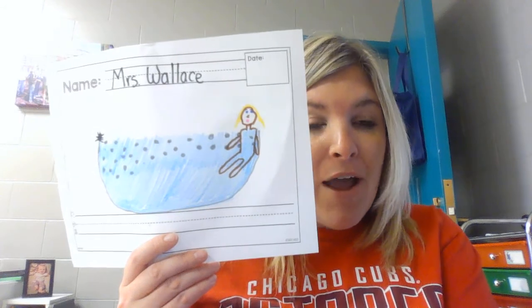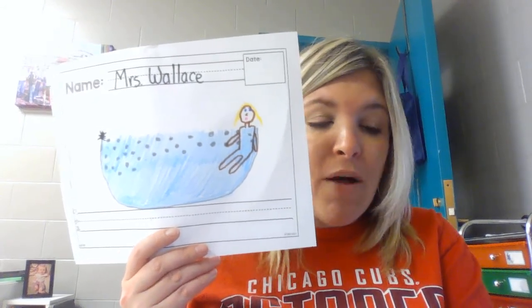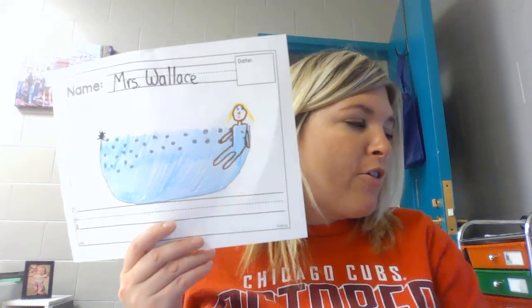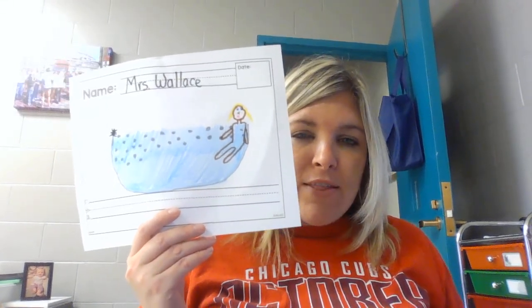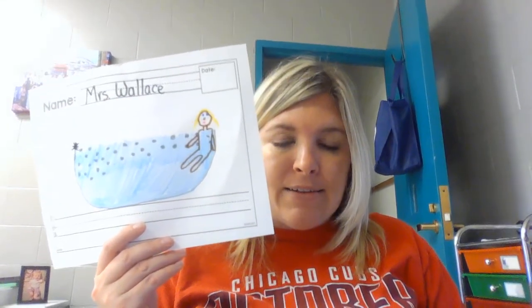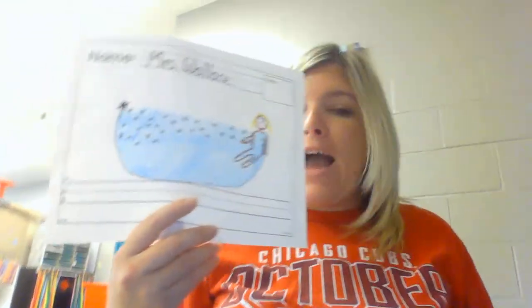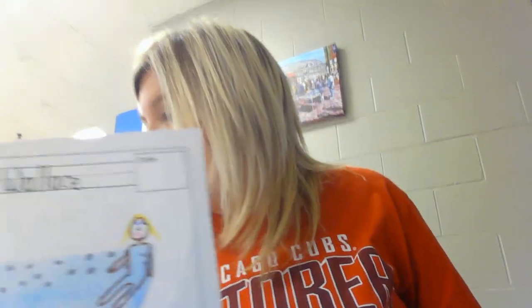Oh my goodness. Now I have to tell you, Mrs. Wallace does not like spiders. So if I was going to draw a speech bubble, what do you think I would be saying? Let's think about that. If I don't like spiders, what do you think that I say? Or what do you think I did? And I'm going to tell you what I did.